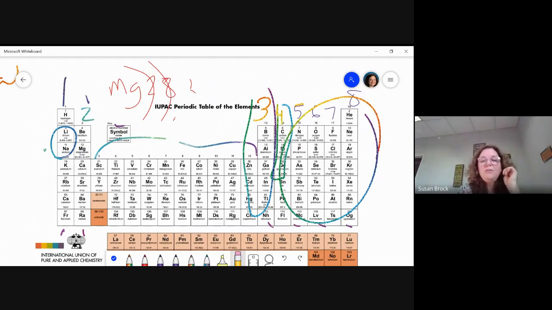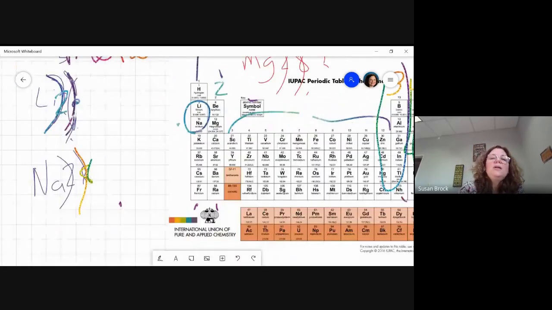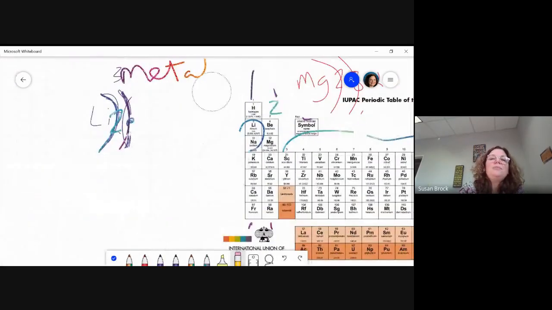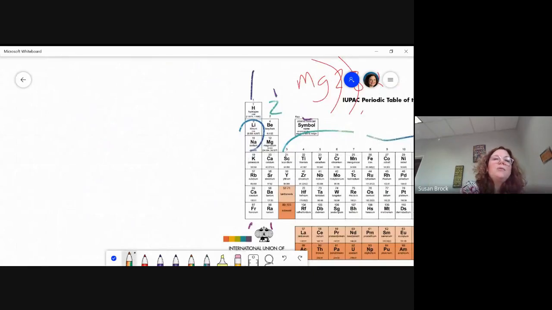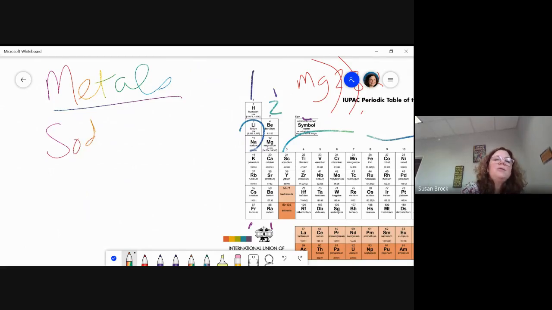So when a metal forms an ion, we do not change its name. Metals become ions, and we just take the element name. So let's say it's sodium. We say it becomes a sodium ion, so that would be Na+1.